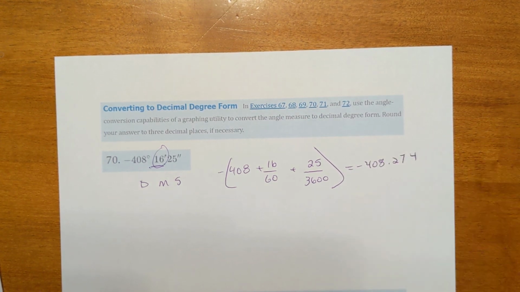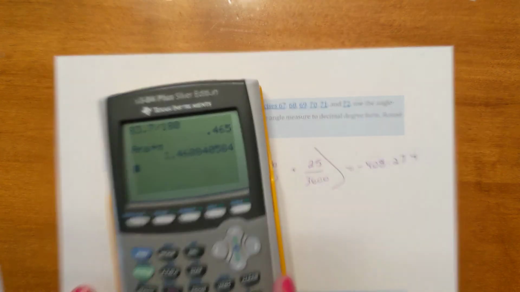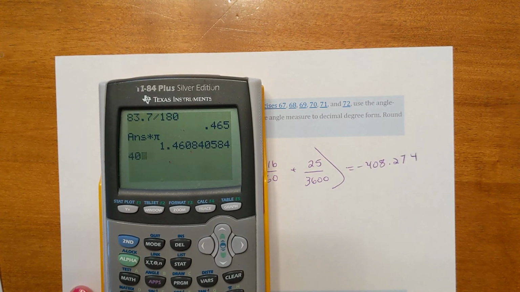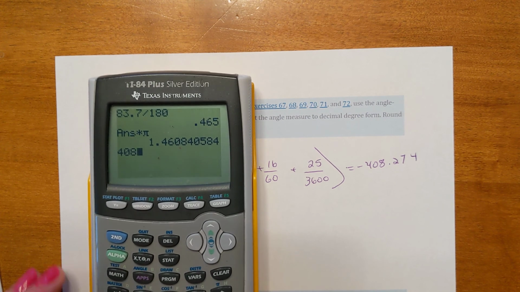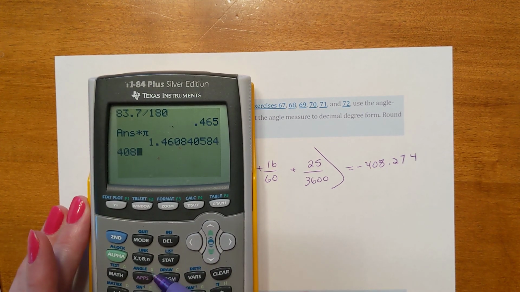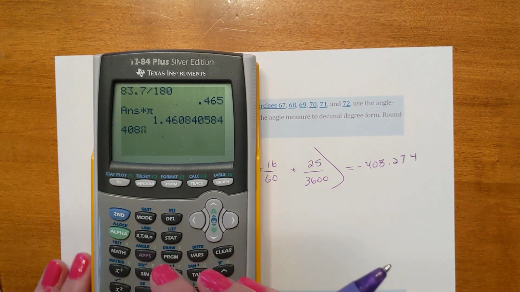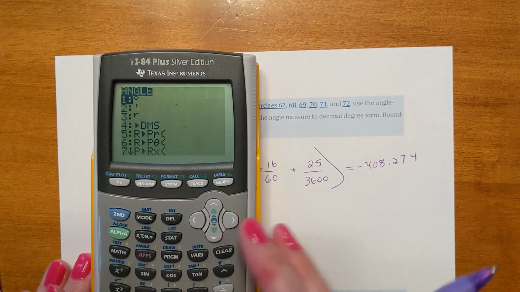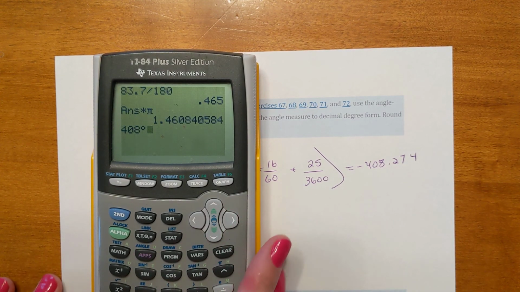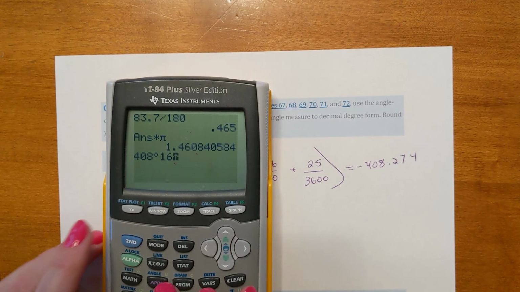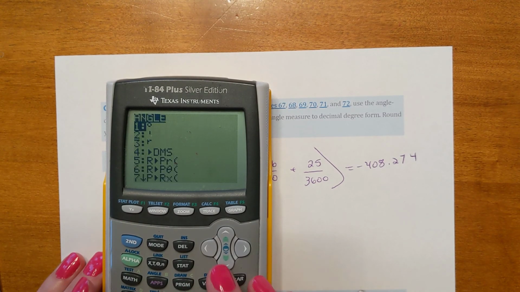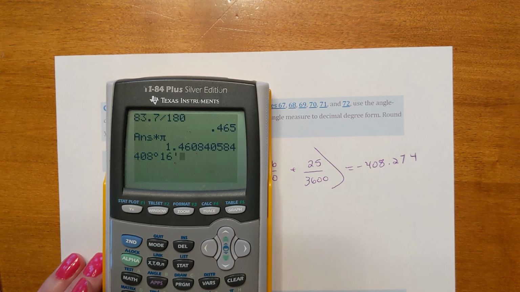And if you want to use your calculator for it, so 408, we have degrees. What you do is you go to angle, which is above the word apps, second, and then apps. And there's angle. And then they had 16, so 16, and again go to the angle, which is above apps, and there's the minutes.